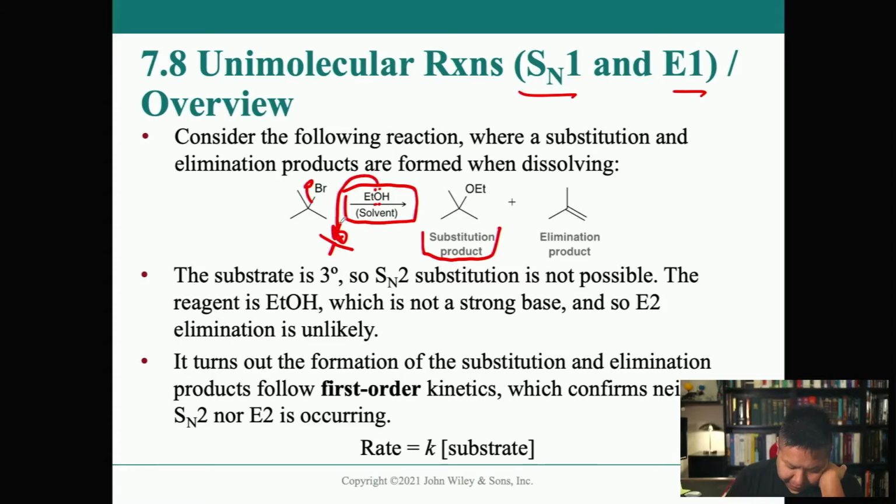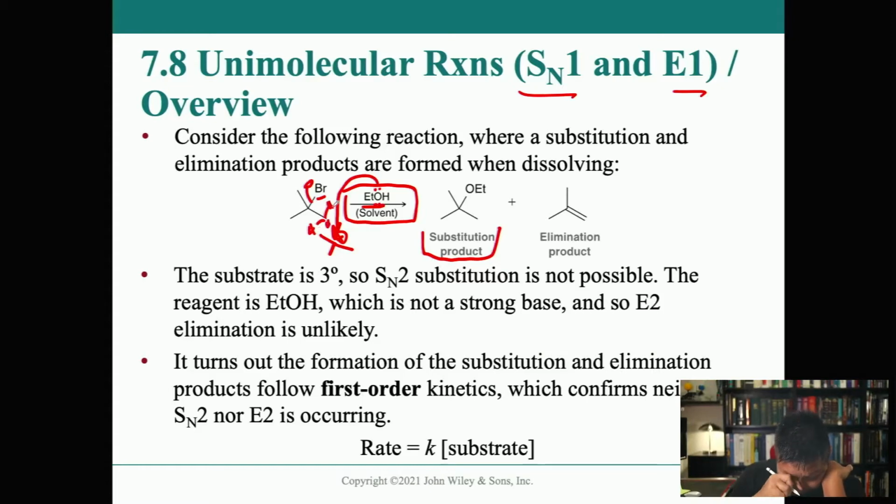And thus what you've done here is that you've substituted the bromine with the EtO. Or the other thing that can happen is you can use the EtOH as a base, and it can pull off a proton.